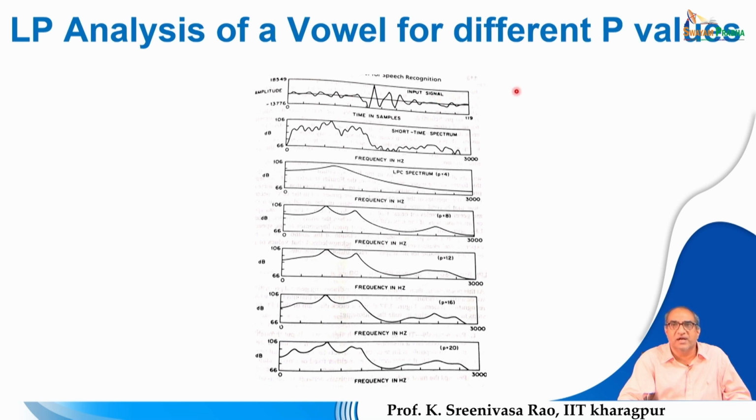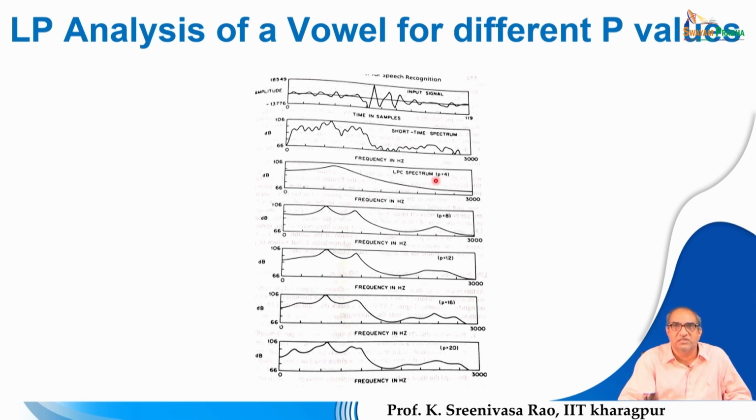Once you compute the prediction coefficients, we know that the vocal tract filter is the all pole filter 1 by A of z. From that you can compute the all pole filter response, which is the vocal tract system response modeled by the LP analysis. When you choose p equals to 4, it means that for prediction of a sample we consider the past 4 samples.